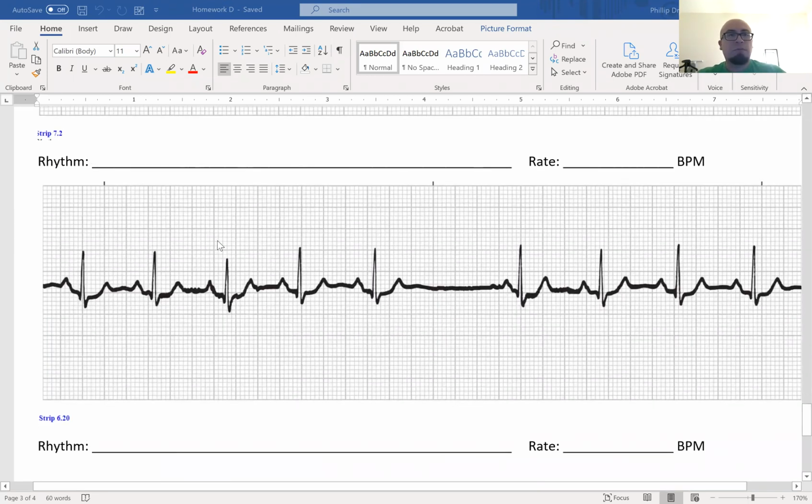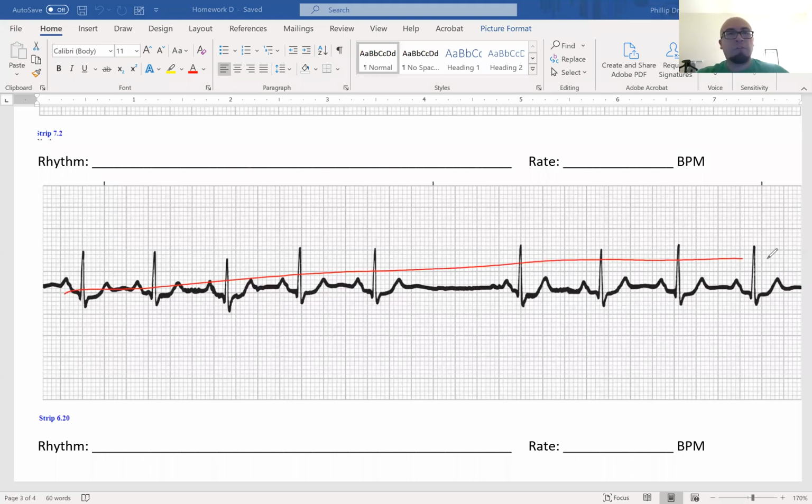Let's skip this one here. I'll let you guys skip that one. This one here should have been a sinus block. Actually, I'm kind of curious now. Slide that one over. It's flying here.